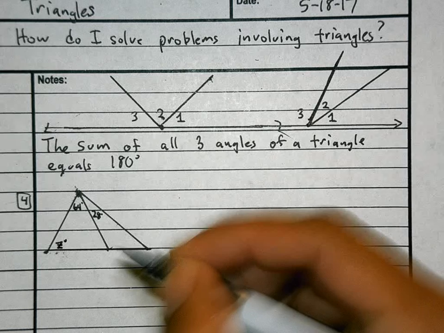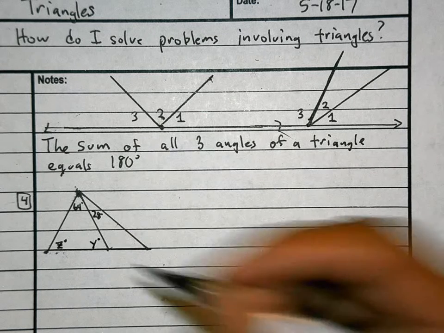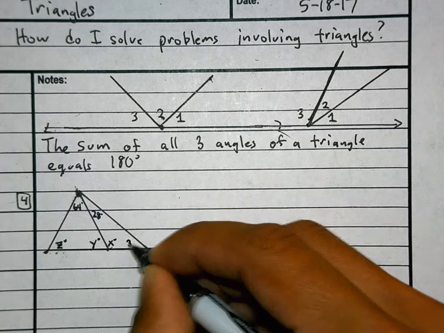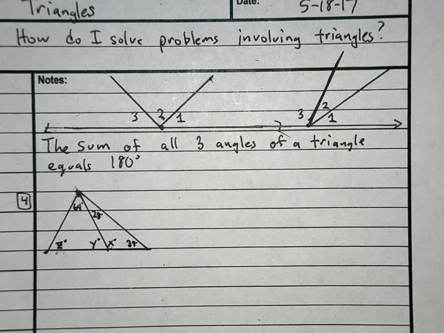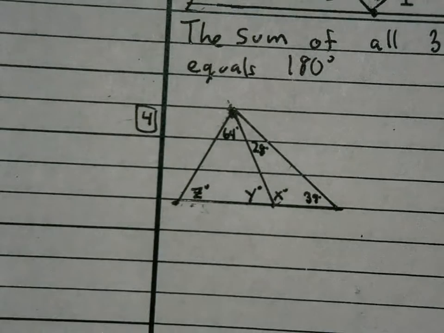Z degrees. Y degrees. X degrees. 39 degrees. You can't hardly see that, so I'm going to zoom in a lot on it so you can see what my drawing looks like.